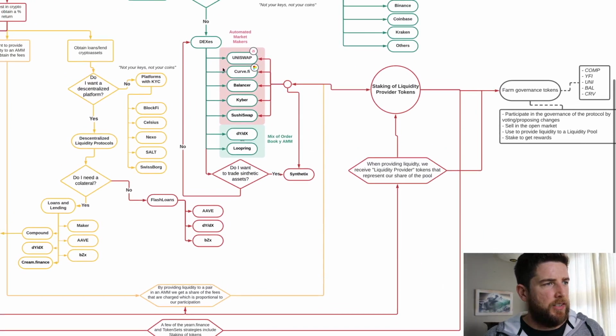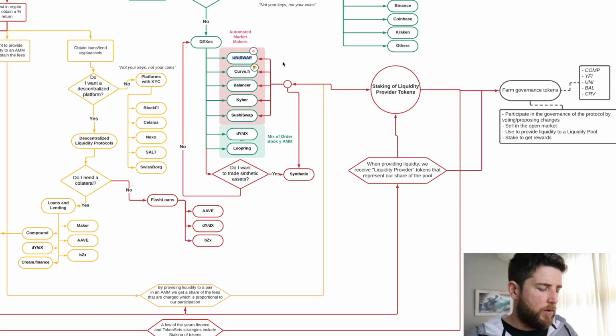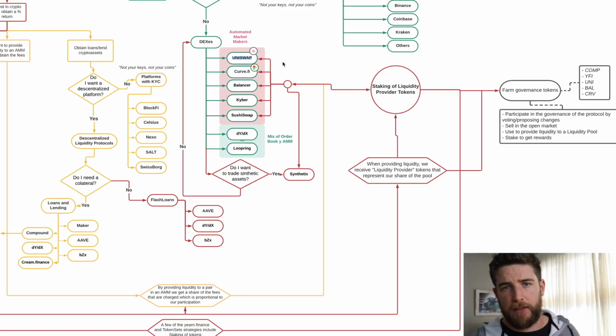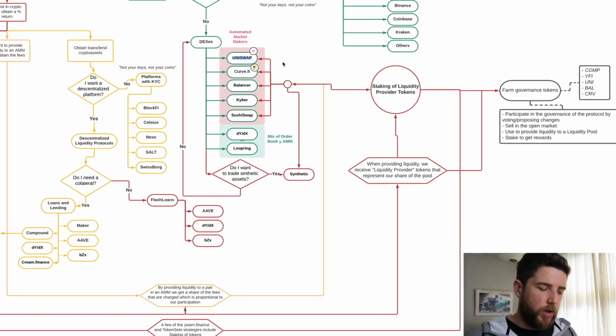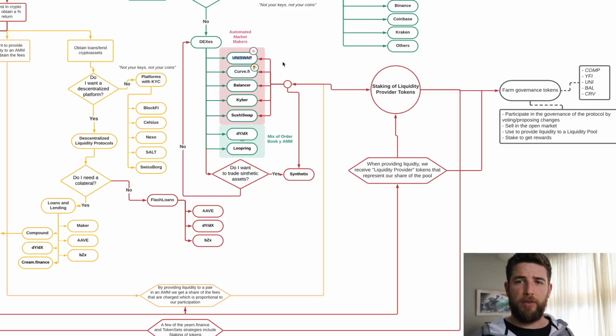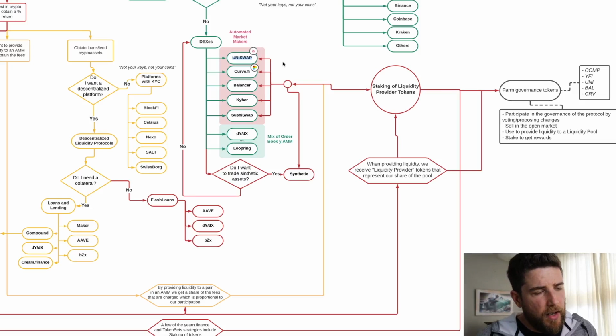In Uniswap, they recently launched their own governance token called UNI, and what they did is an initial launch with what is called an airdrop. They rewarded all the people who interacted with the protocol with UNI tokens.